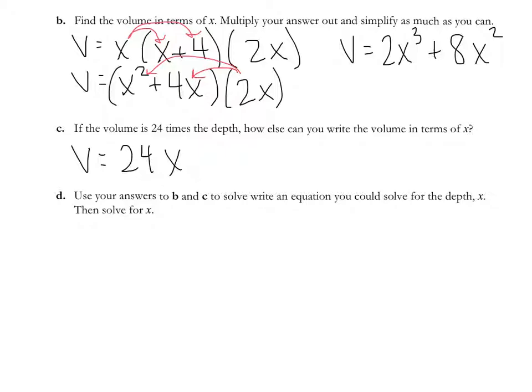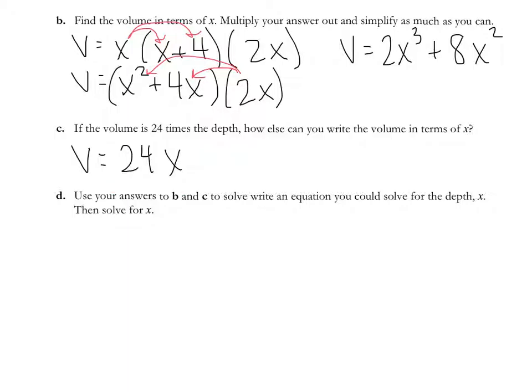Now part D asks us to use your answers to B and C to write an equation you could solve for the depth x, then solve for x. So first let's think about writing an equation that you could solve for the depth. In part B and in part C, you came up with 2 different formulas for the volume in terms of x.